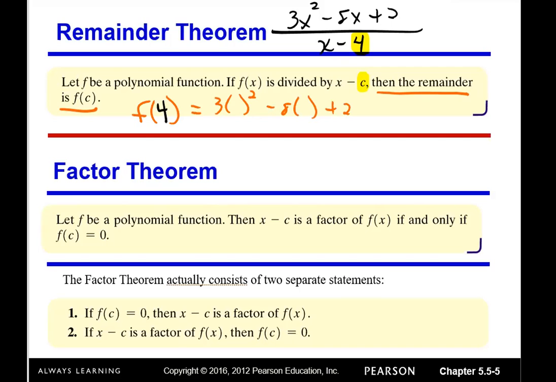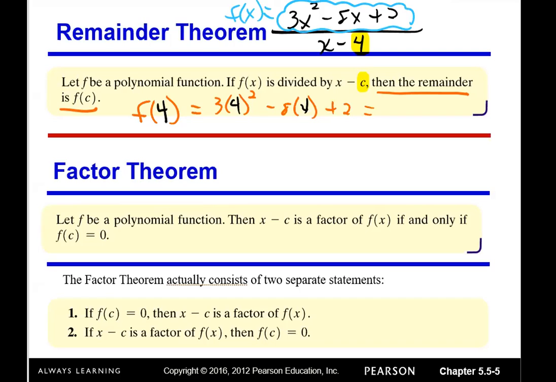Just the numerator, because this is my f of x, and I'm dividing it by x minus 4. And if I plug 4 into all these places and do the math, what's 4 squared? That's 16 times 3. What is 16 times 3? 48.